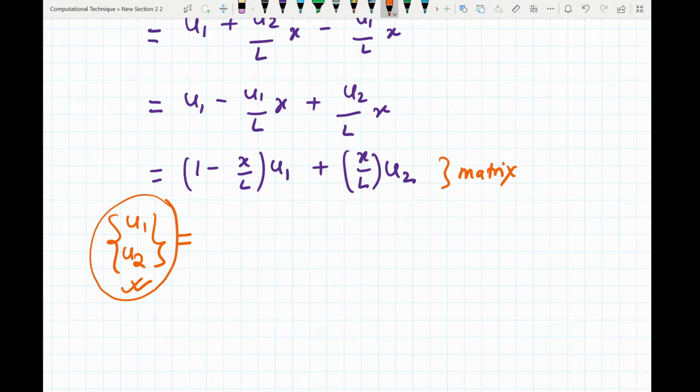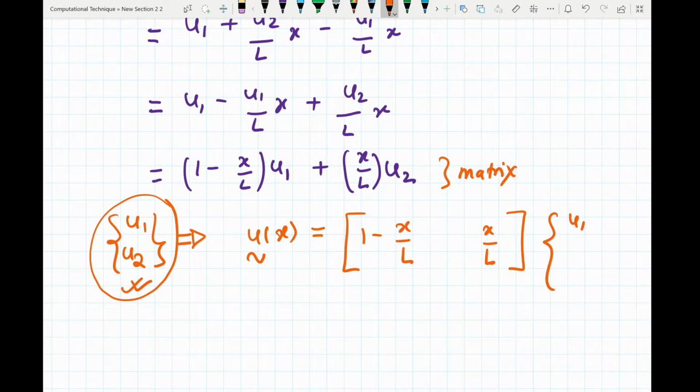So we can write this u(x), which will be a vector, equals to, you can write a matrix here, which will be 1 minus x by L and x by L, and then you'll have your u1 and u2.